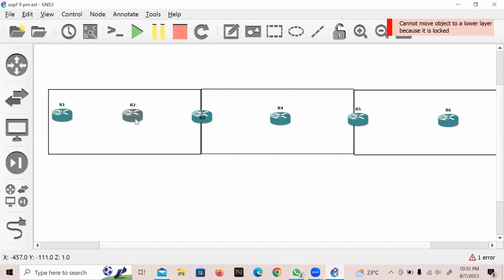Or you can remove this R2 also if you want. No problem. Just do this lab because that is a very long lab. Sometimes it's creating problems there. So I think now it's okay.